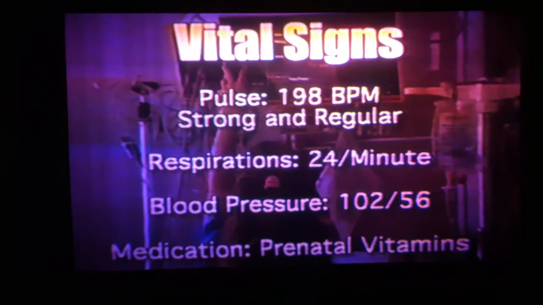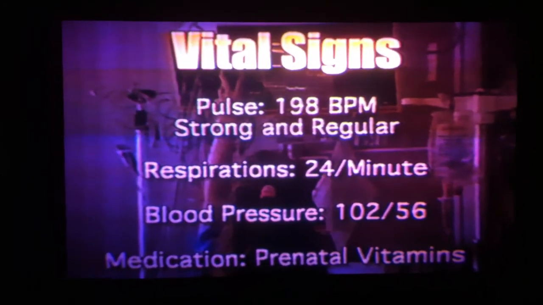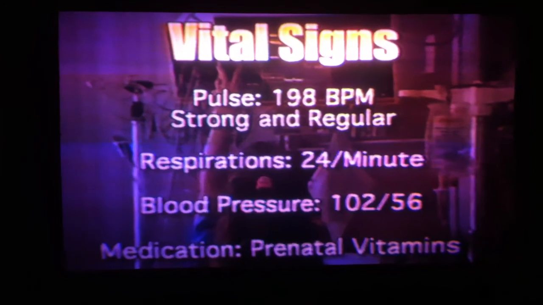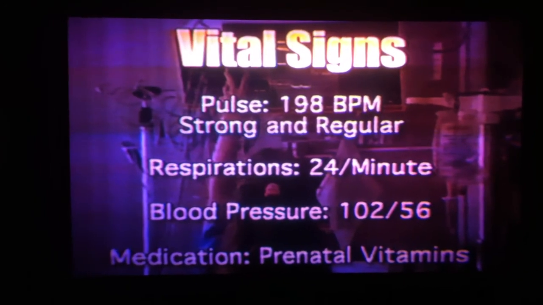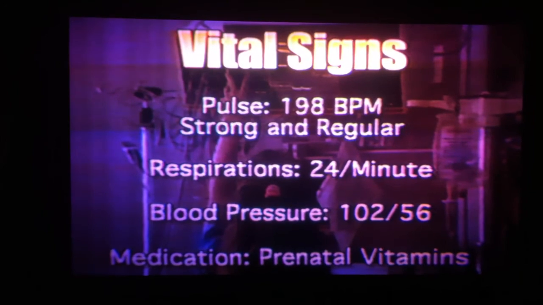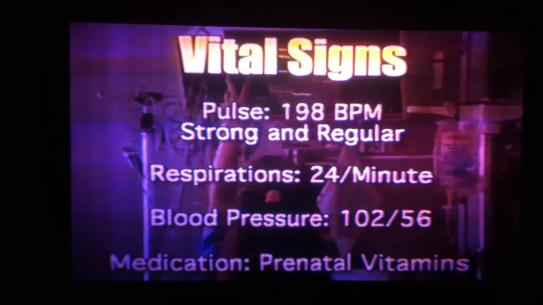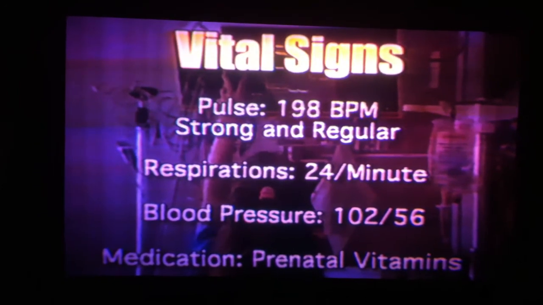You are working the urgent care clinic when a 25-year-old woman is brought to your clinic complaining of dizziness and chest palpitations. She is 22 weeks pregnant with her first child. Her pulse is 198, strong and regular. Respirations 24 per minute. Blood pressure is 102/56. Her only medication is prenatal vitamins.